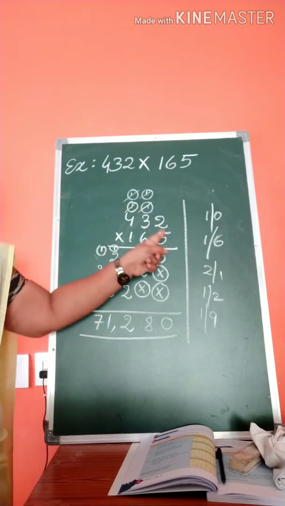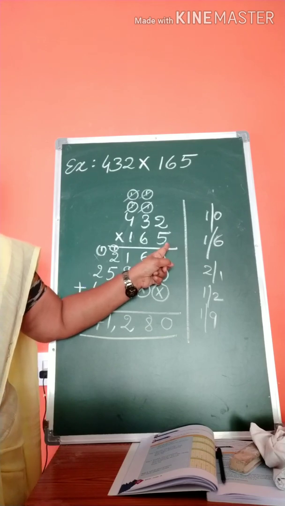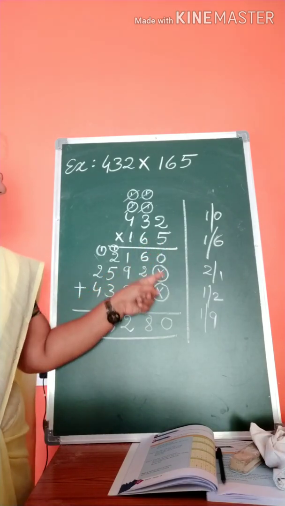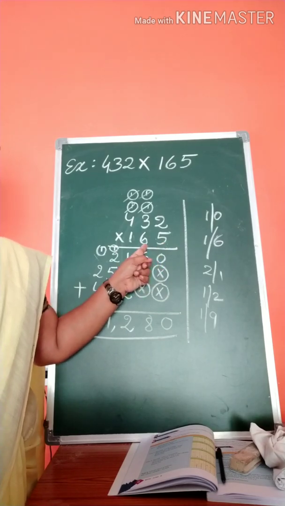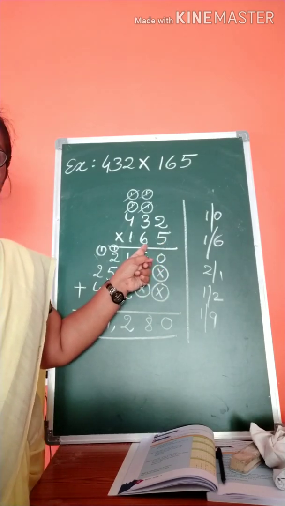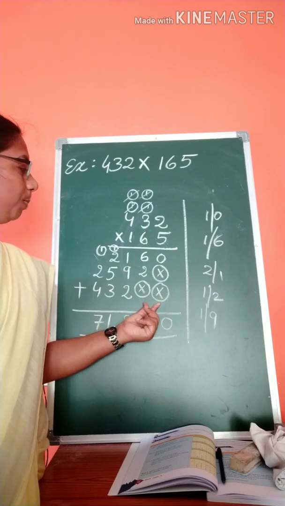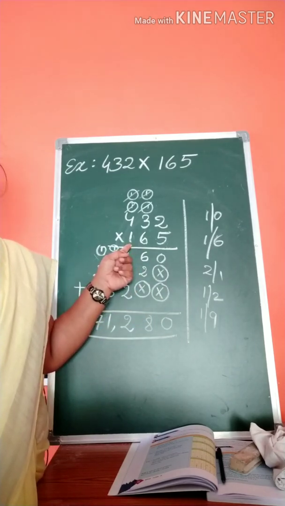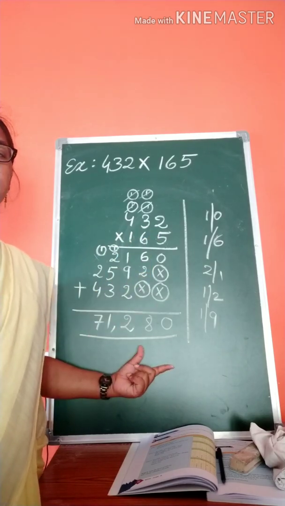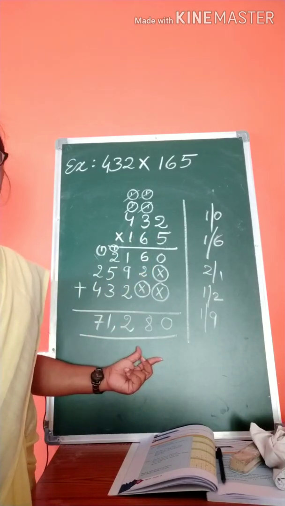But as soon as we complete multiplication with one digit, we have to cancel the first place and do the multiplication with the digit in the tens place. After completing this, we have to cancel 2 places and we have to do multiplication with the digit in the hundreds place. So this is how we do a 3 by 3 multiplication.